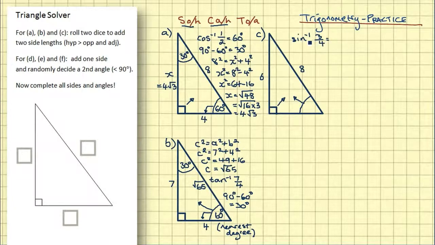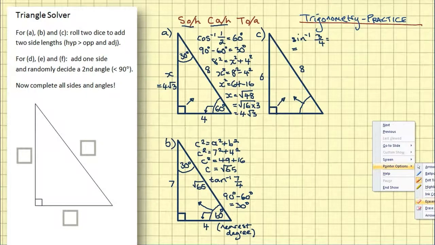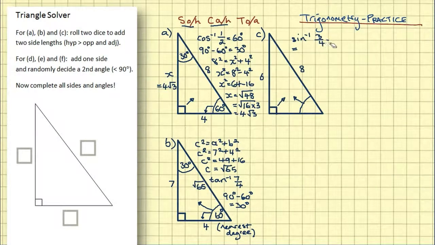And let's see what that gives me. So the inverse sine of 3/4 gives me 48.59. So that's my angle. Let's just put it here so that we give ourselves plenty of space. There we go. 48.59 degrees.